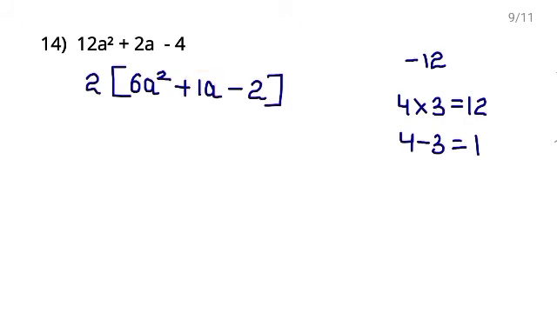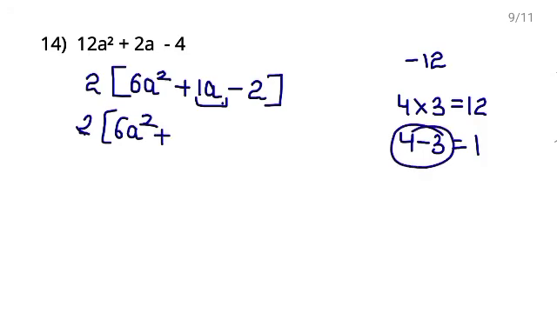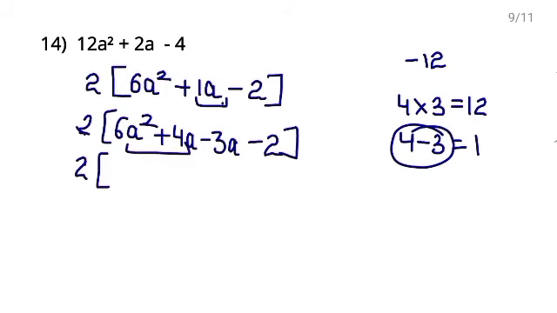So this is 2 in bracket 6a square. This 1a can be written as plus 4a minus 3a minus 2. 2 as it is. From these two terms you can take 2a common.